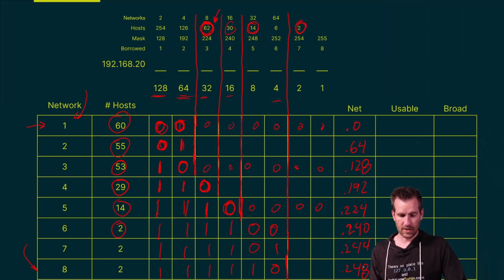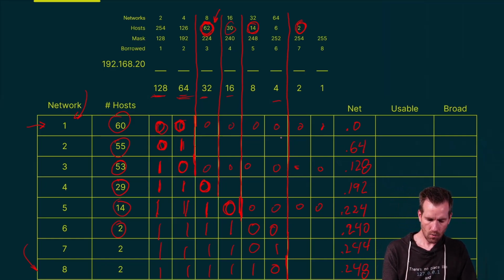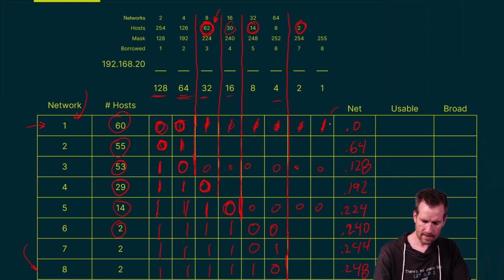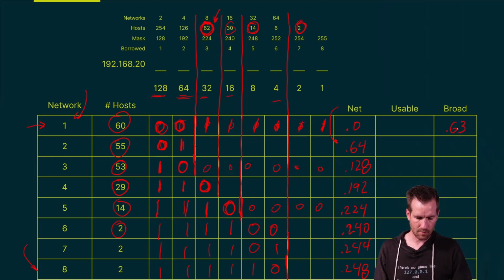All right, for the broadcast address, if these were all ones here, 1, 1, 1, 1, 1, 1, I could either calculate it that way, or I could take the next network and subtract 1, so .63. Either way, that's the answer that I'm going to get.